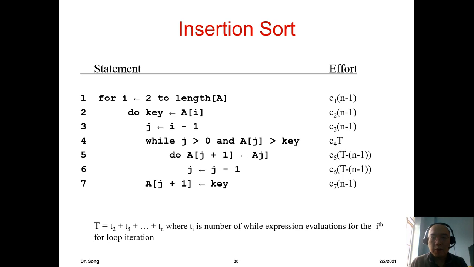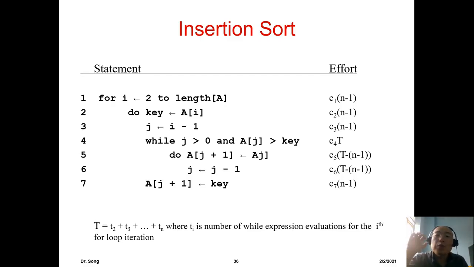Why? Because line 4 is executed k times. This means the last time we executed line 4, this condition will give us a false. So we visit line 4 k times, the last round will be false, and the k minus 1 rounds are all true.